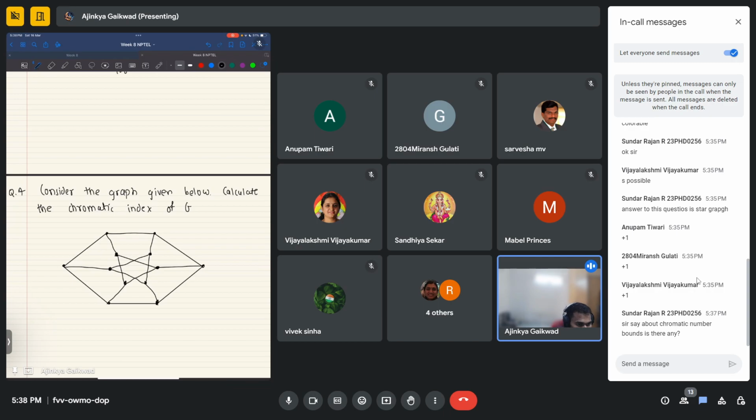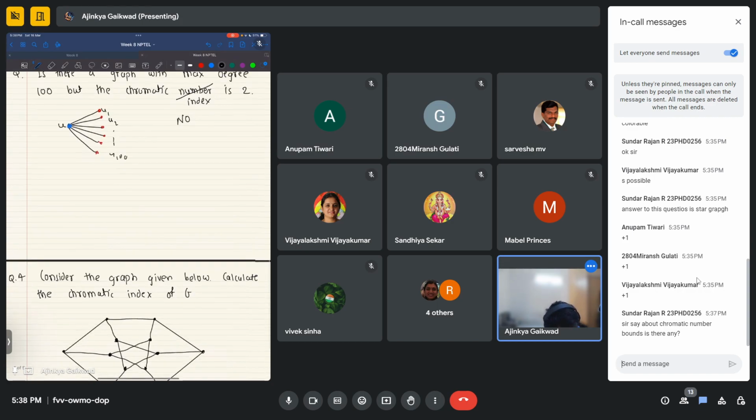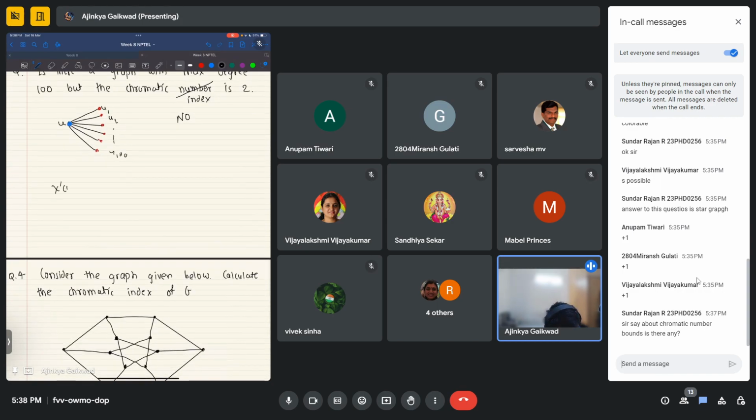Sir, say something about the chromatic number bound. For chromatic number, the bound is delta G plus 1, so there is only an upper bound. I don't think there is any lower bound. Let me write here: chi prime of G is always greater than or equal to delta G and at most delta G plus 1.